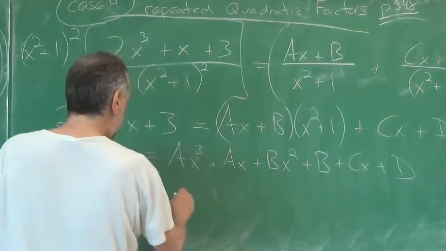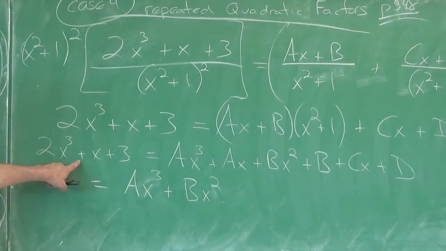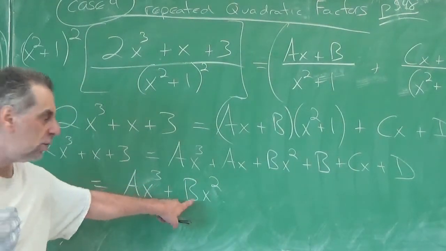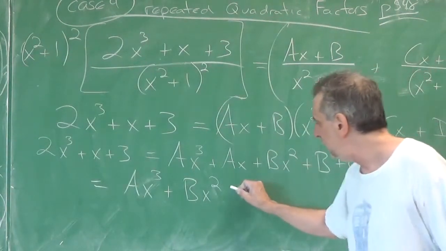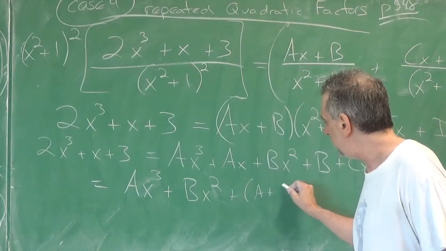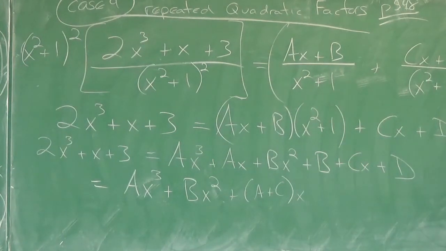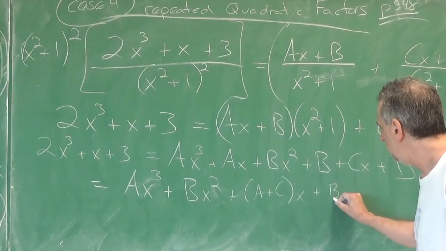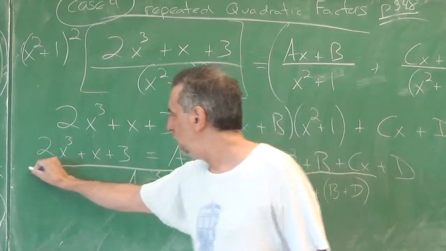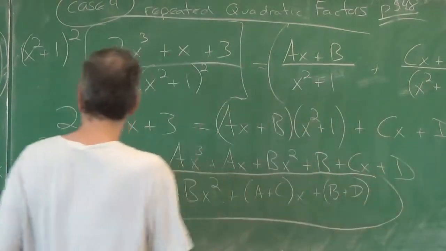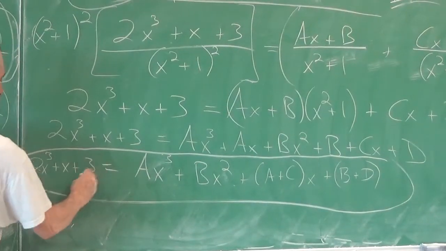For the x squared, again, there's only 1 term on the x squared. There's no x squared here, so it's a 0, so immediately we know b is 0. For the x terms, we got a and c. So we get a plus c on the x term, and the constants we have b plus d. And over here we still have the same thing, 2x cubed plus x plus 3.